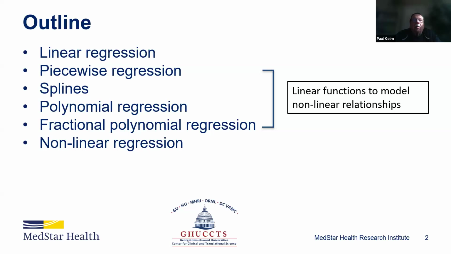Actually, these are all linear functions to model nonlinear relationships, and I'll explain that as we go along. And then finally, I want to end up by looking at nonlinear regression, where we model it a little bit differently than we do with the linear functions.